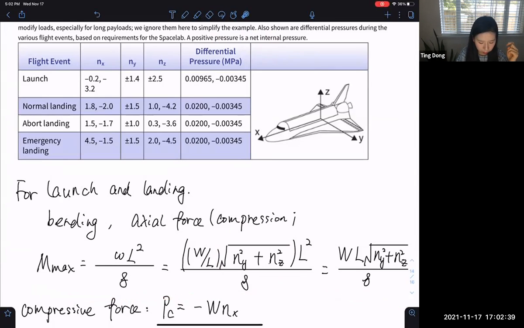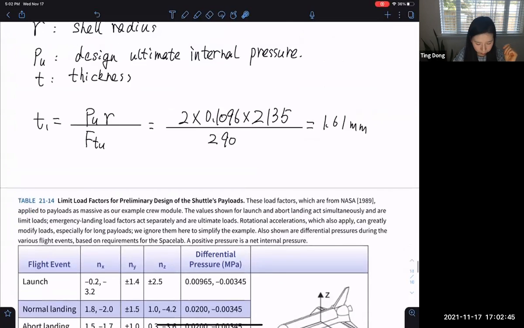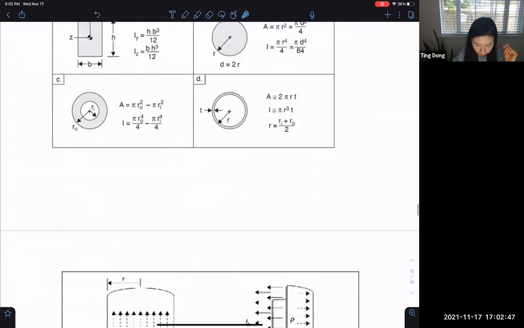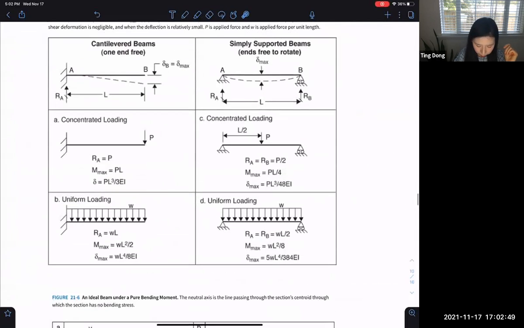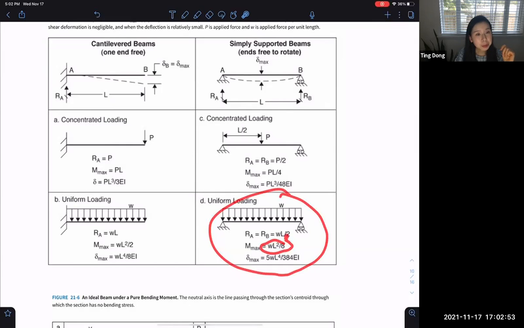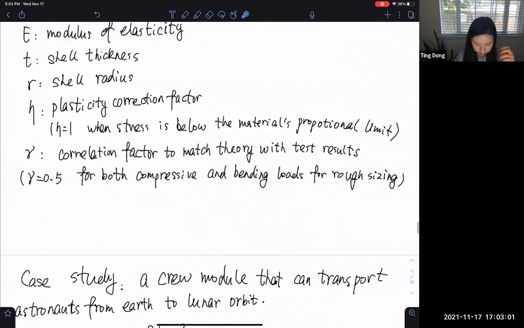This is the weight, and as I said, we consider a uniform distributed load for the pressure vessel. This W is the weight per unit length.